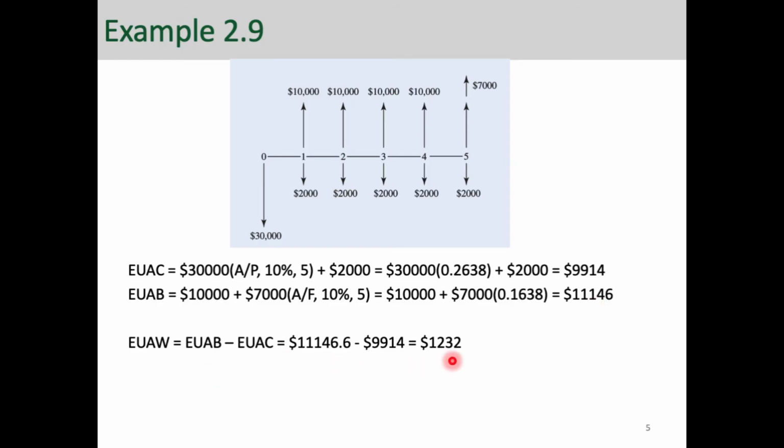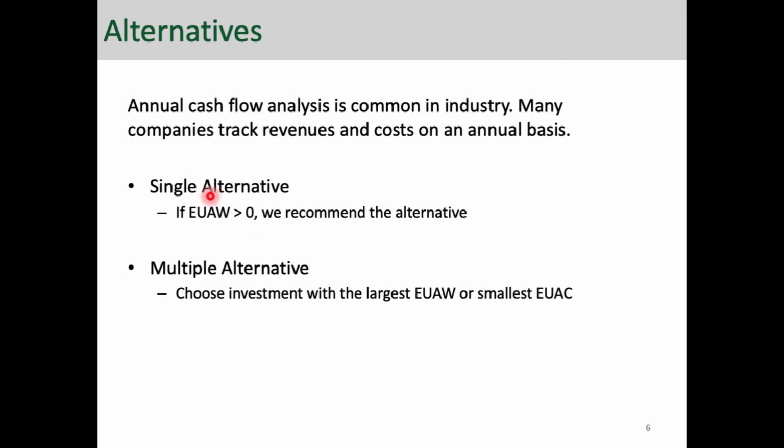And the difference is about $1,200, and that is the equivalent uniform annual worth. So at this point, you would say, okay, this project will bring about $1,200 per year.